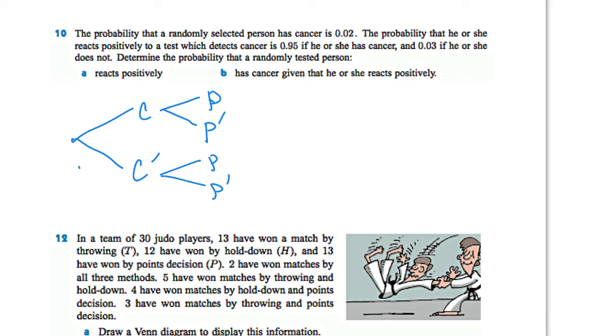So there's only a 0.07 chance of having that cancer. Having the cancer, I put that on the wrong branch, 0.07. If you have that cancer, 95% of the time you're going to react positively, so the test detects it 95% of the time, and 0.03 if she doesn't.